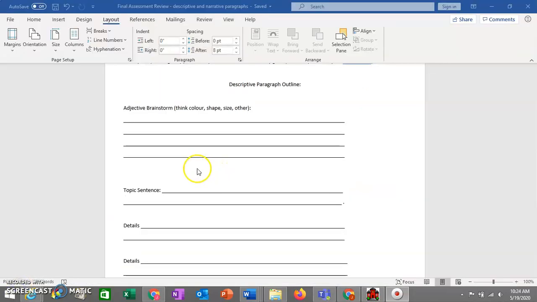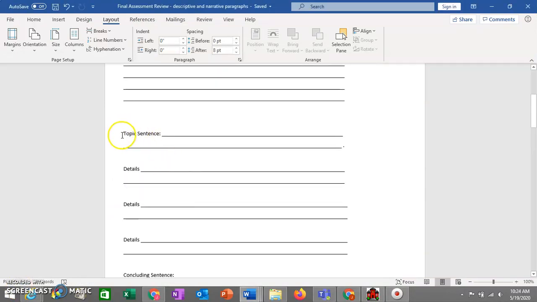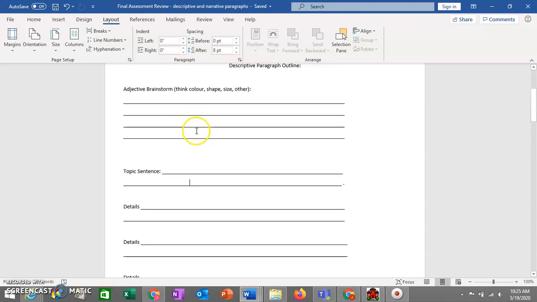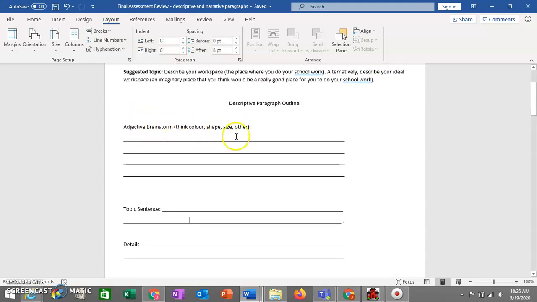Okay, so for a descriptive paragraph, you will need a topic sentence, right? You need to introduce the reader to what it is that you're going to be talking about, but you might consider using a topic sentence that has a lot of adjectives or adverbs within it, or at least descriptive language, right? So words that describe things. So this is where it might be useful to brainstorm some words that you can use ahead of time.